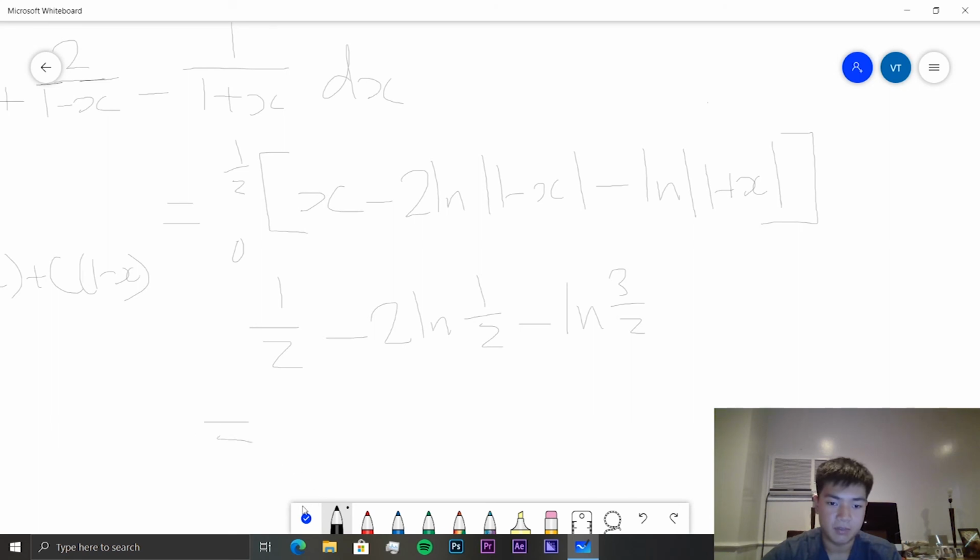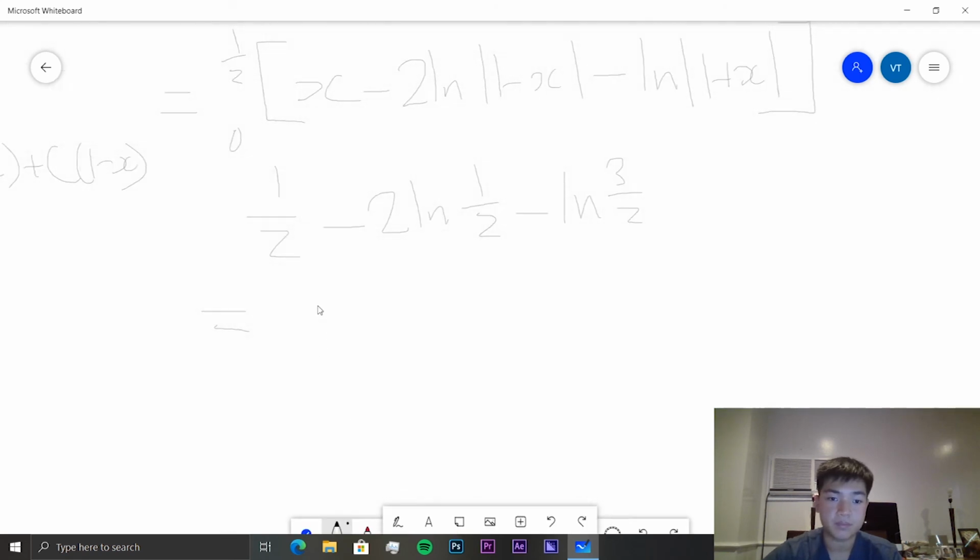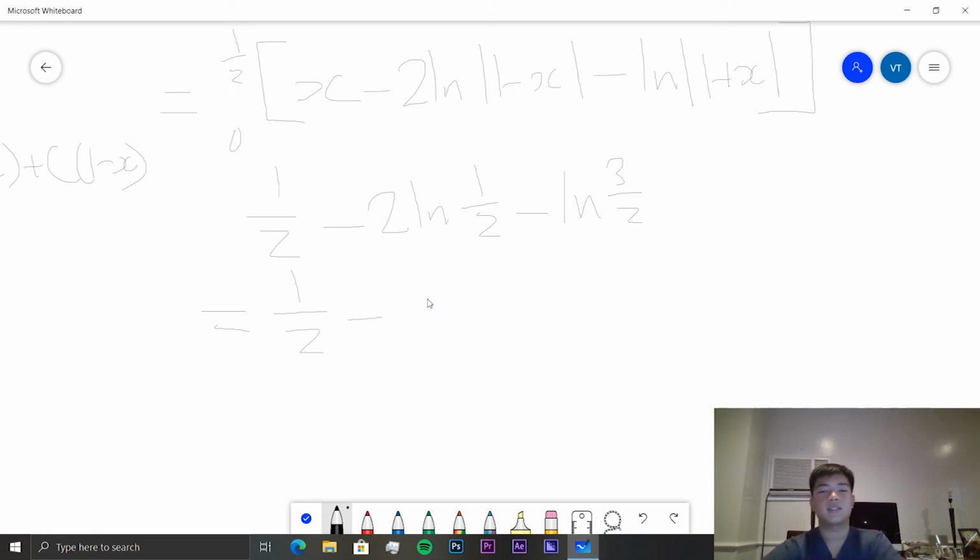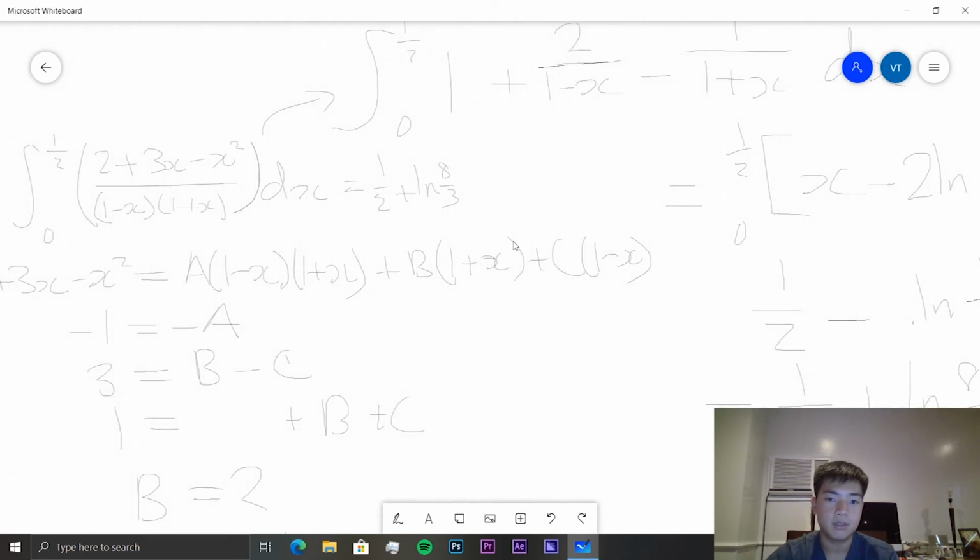Okay, so this would be equal to 1/2 minus 2... Oh, well, hold on, wait, let's think. This is ln 1/4. And so we have ln 1/4 times 3/2, ln 3/8. So this is 1/2 plus ln 8/3. So yeah, we've successfully proved it equals ln 8/3.